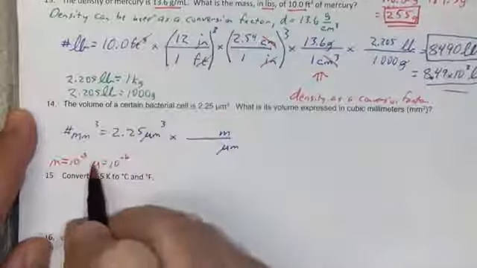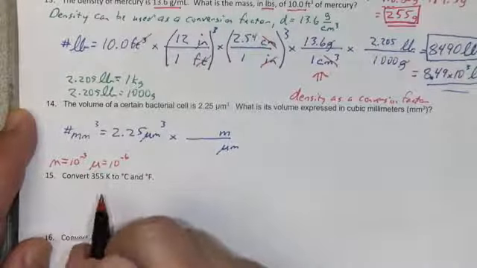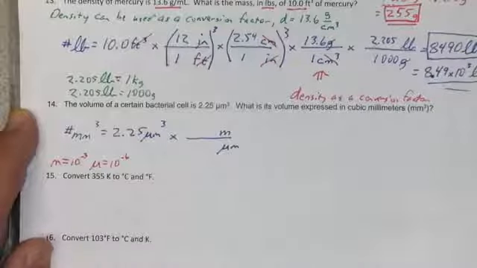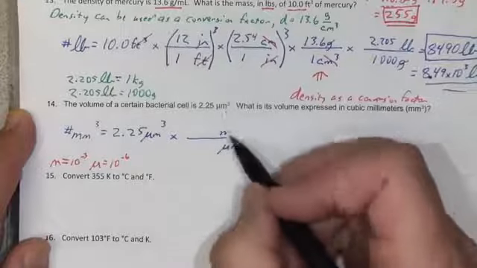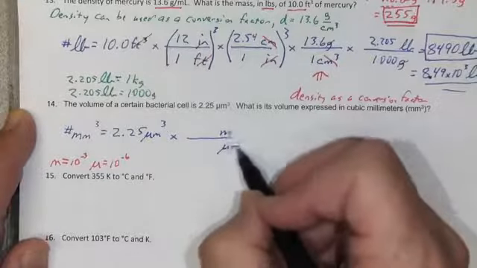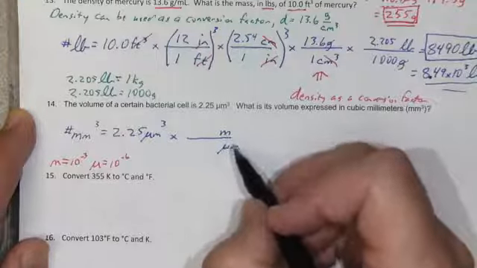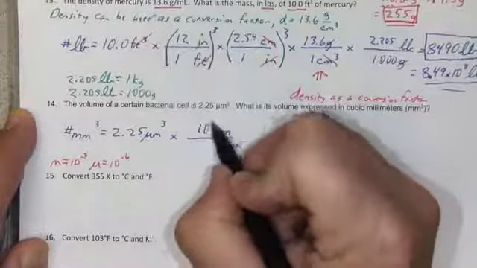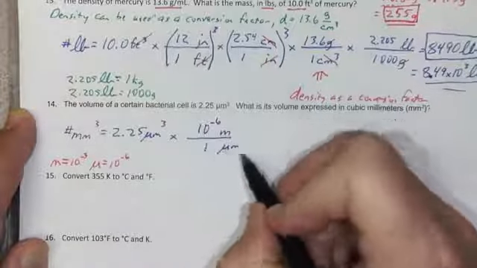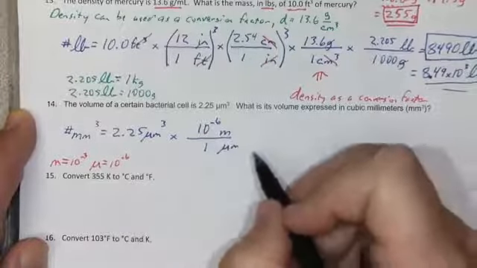Micro, which we write like the letter U with a tail on the front end, means 10 to the negative 6. So where does 10 to the negative 6 go, in the numerator or in the denominator? If you're changing metric prefixes, the exponential term always goes with the base unit. 10 to the negative 6 meters is equal to 1 micrometer, because micro means 10 to the negative 6.